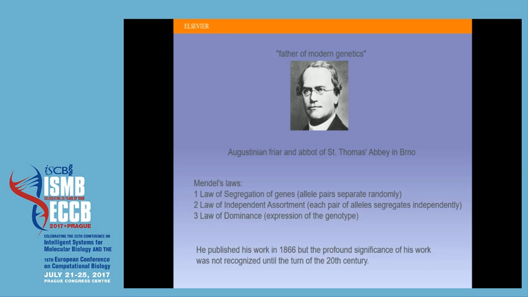I'm sure you're familiar with those stories, but what you probably don't know is that when Darwin died, they took an inventory of his library. Because in the 19th century, if you were a gentleman scientist, which is what he was, you kept your own library at your house, and they went through all of his bound journals, and they found the journal that Mendel had published in, and on either side of the article, they found Darwin's notations in the articles on either side, and nothing in the Mendel article, which suggested that he skipped right over it, didn't understand the significance of it.